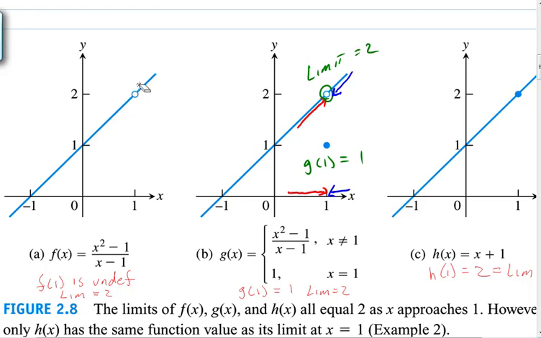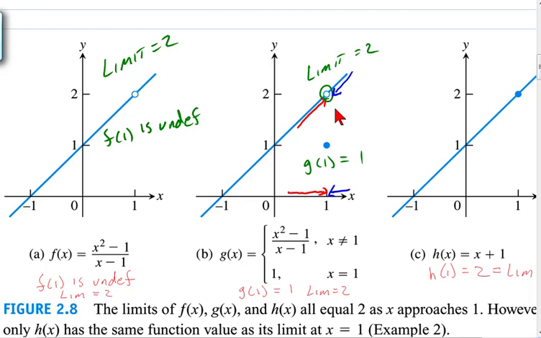So there's a hole in the graph right there. All right, but if we plug in 0.99999, we get 1.99999. If we plug in 1.00001, we get 2.00001. So the limit exists. The limit is 2, but the function at that point is undefined.